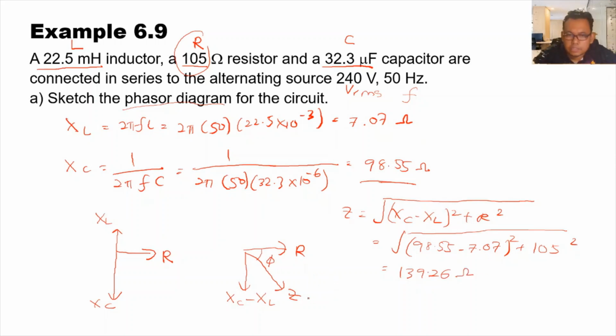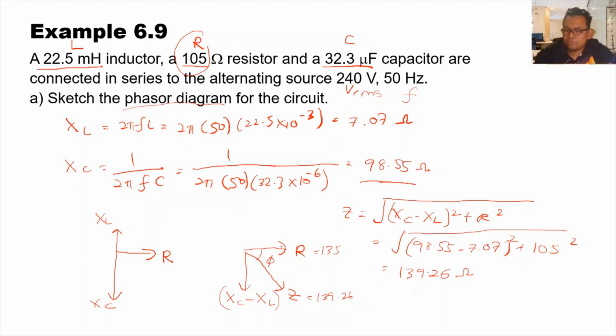So look here, this is 139.26, this is 105, and this is the phase angle here. And then from these values R and Z, we can calculate the phase angle.